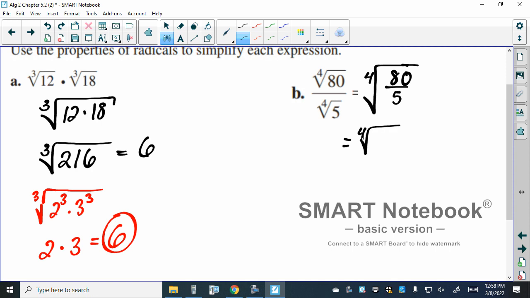And we'll only want to do this if, one, the indexes are the same and the numbers inside the radicals on top and bottom will divide evenly. Now 80 divided by 5 will be 16.